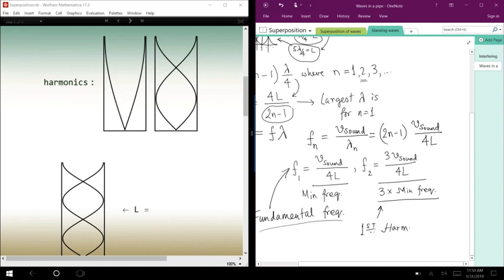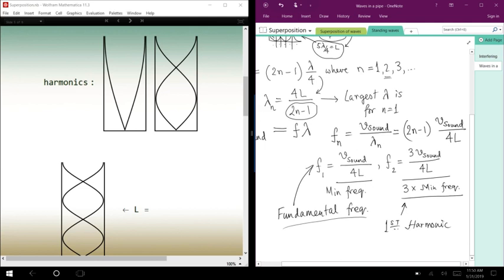There's nothing between the fundamental and the first harmonic. The first harmonic is 3 times the minimum frequency. The second harmonic in this case is going to be 5 times the minimum frequency, and you'll keep going higher and higher, right? So fundamental frequency, first harmonic, second harmonic, third harmonic, etc.